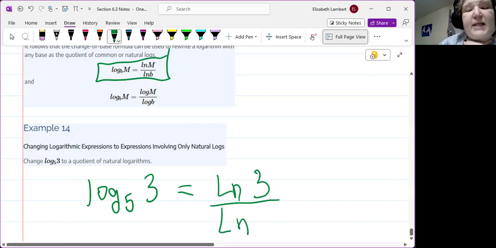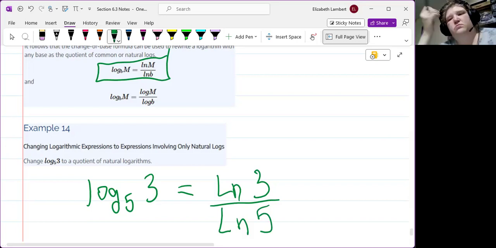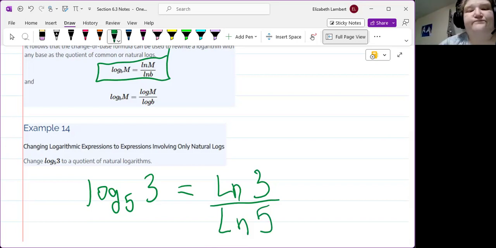And then ln of the base number, but now it's on the line. And that's it. So if we're looking at some crazy log base like this, I can change it into natural logs, I can change it into log base 10s. And then those are things that are on my calculator, so I can actually crunch them up and do what I need to.